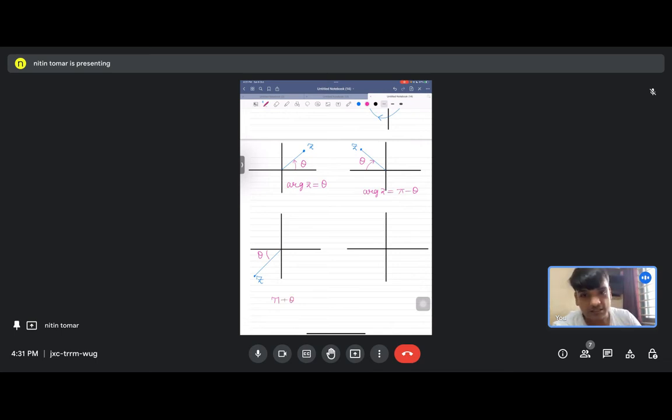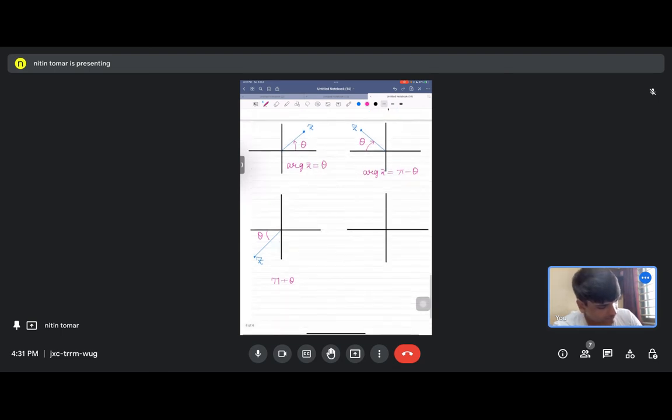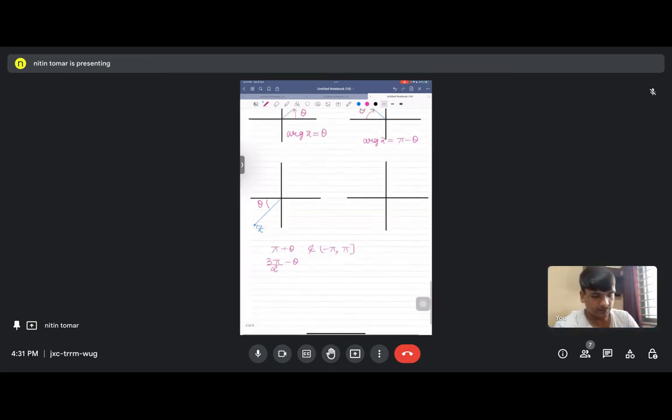And Darshana, what are you saying? 3 pi by 2 minus theta. So, first question, this theta will be positive, so it does not belong to this range, right? Correct. That's pi. So this we cannot take. Yes or no? Yes, sir.